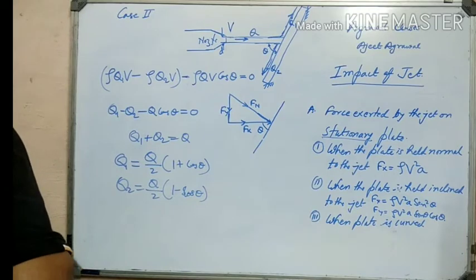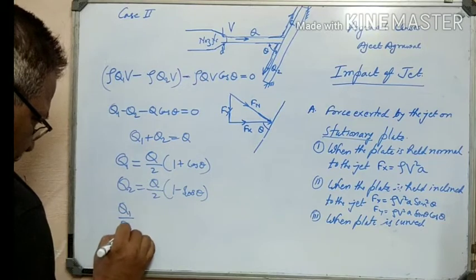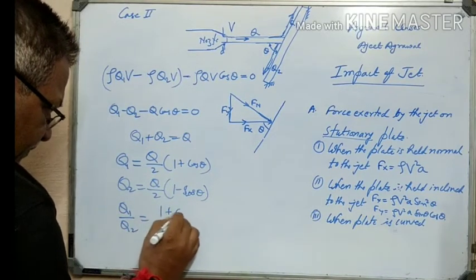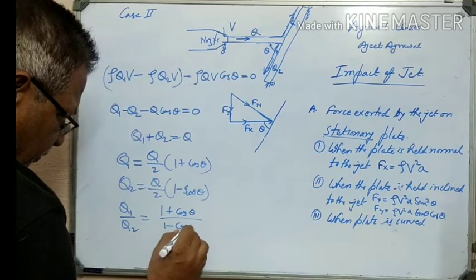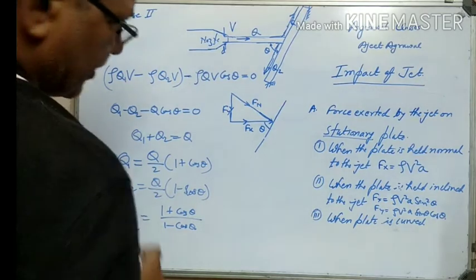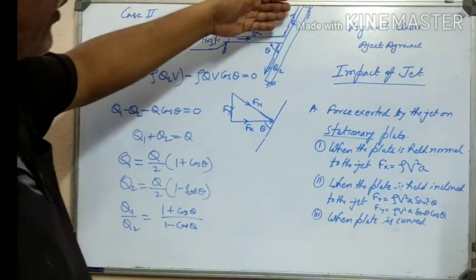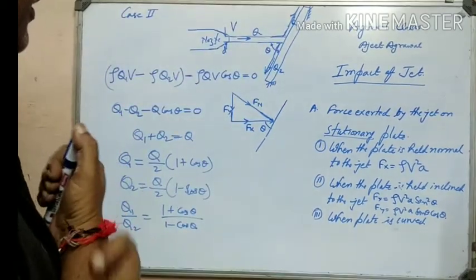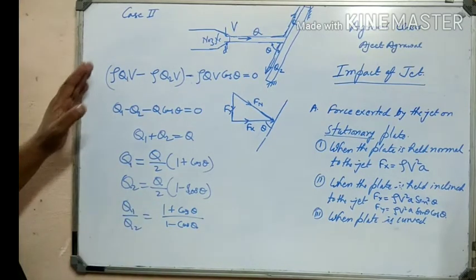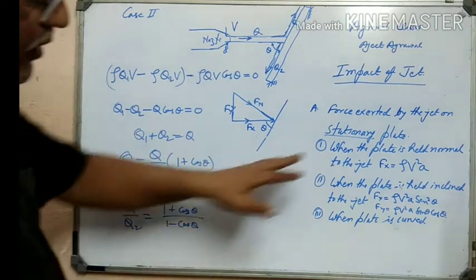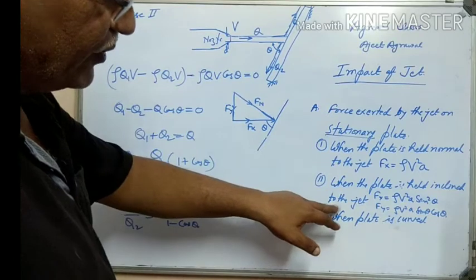From this, if you want to find the ratio of the discharge, Q1 by Q2, it will become 1 plus cos theta upon 1 minus cos theta. This will be useful if we wish to find out the quantity of fluid moving in the upward direction along the plate or in the downward direction along the plate. So this way we can calculate the force exerted on the plate, which is held inclined to the jet.